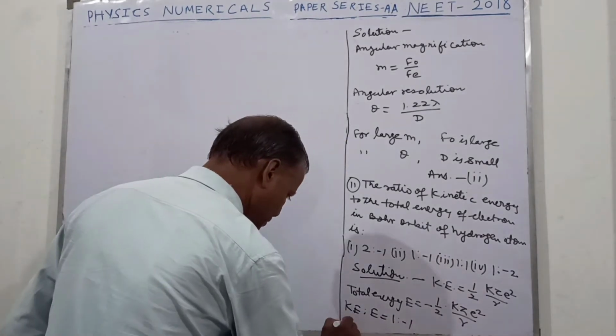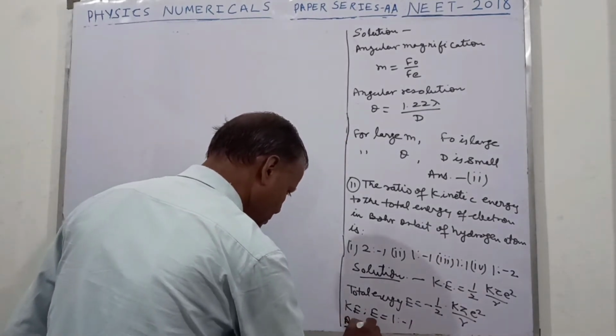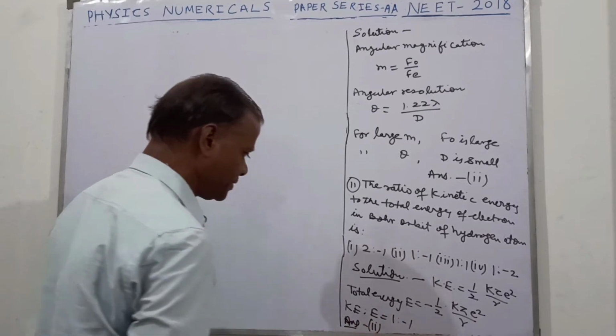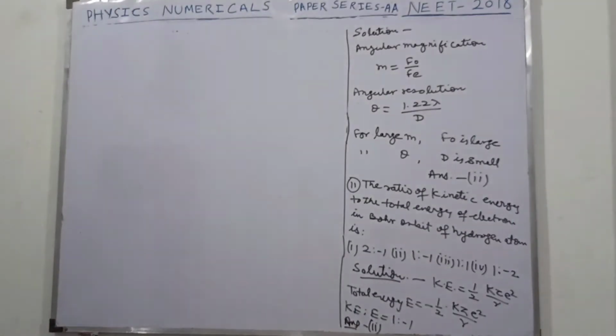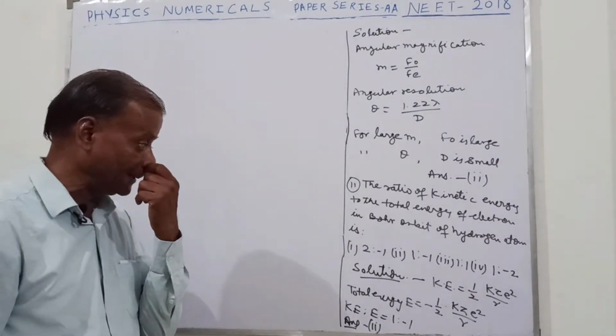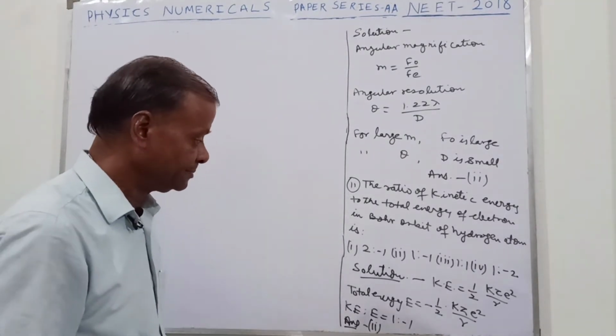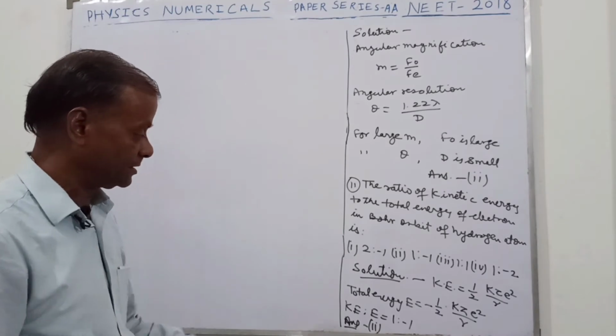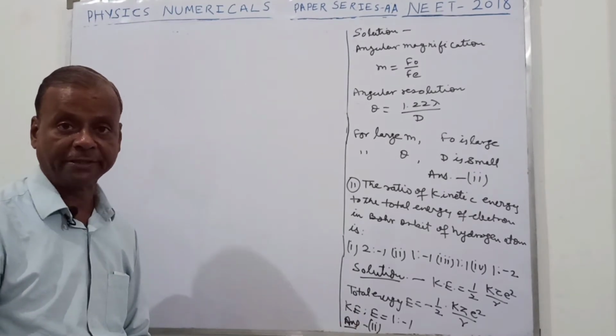This is a direct application of the kinetic energy of the electron in hydrogen atom and its total energy. You will find that the ratio comes out to be 1:-1.